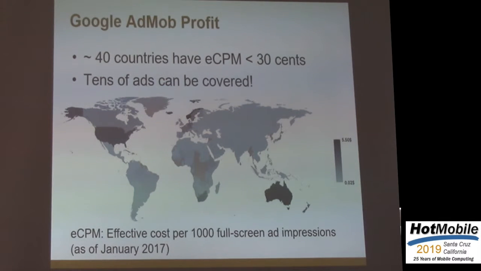If you look at this map, close to 40 countries have eCPM of less than 30 cents. So with a little back of envelope calculation, we can easily see that tens of advertisements can be covered for many of the countries, and for some countries it could be even more than 100 advertisements.